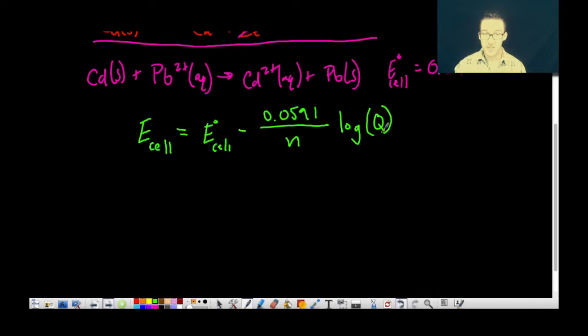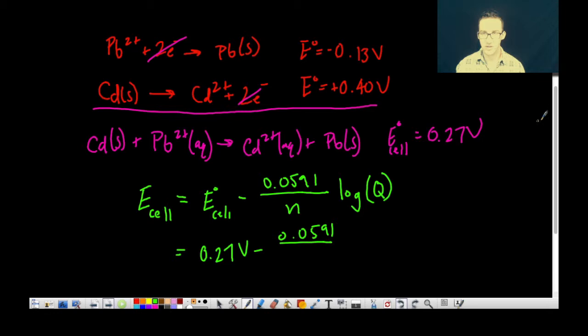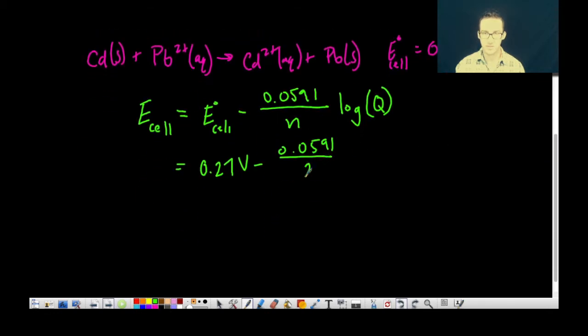So to figure out what the cell potential is under these non-standard conditions, we know what the cell potential is under standard conditions at 0.27 volts. And we subtract 0.0591 over the number of moles of electrons transferred, in this case 2 moles, times the log of our reaction quotient. The reaction quotient, remember, is products over reactants.